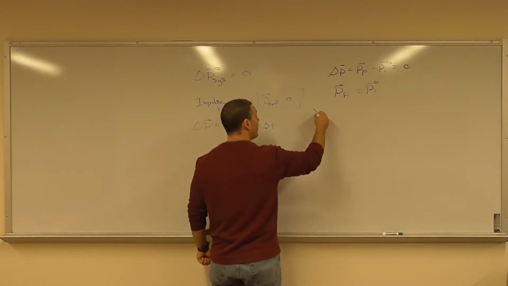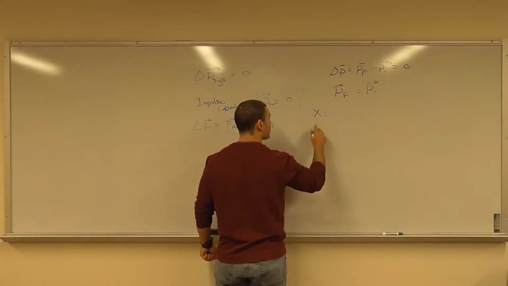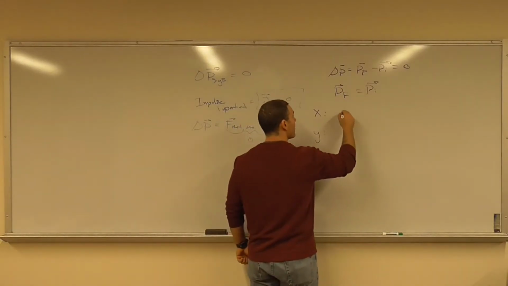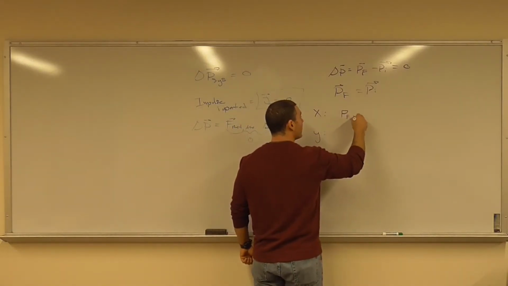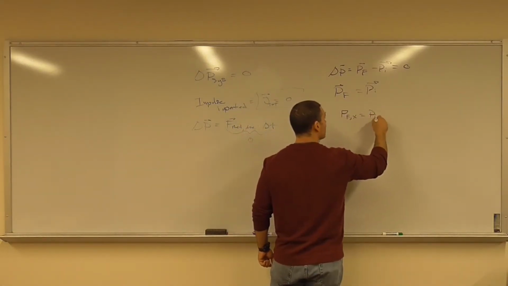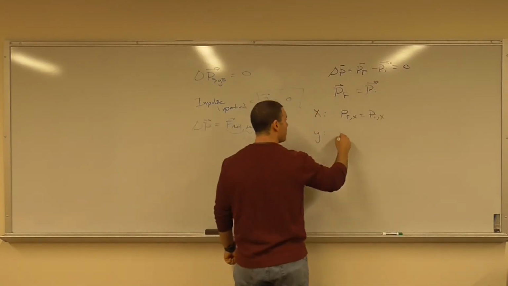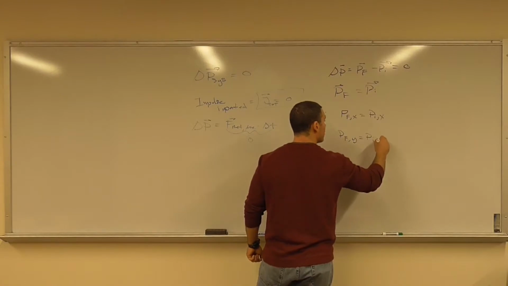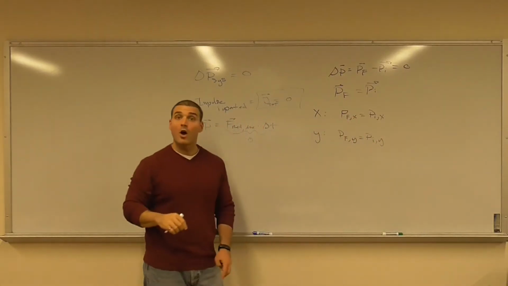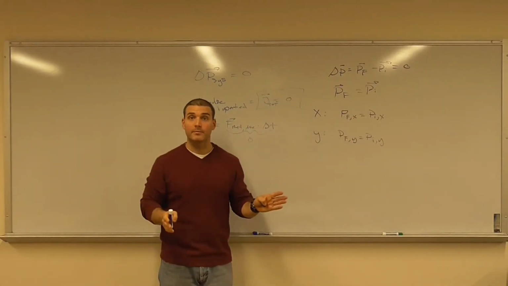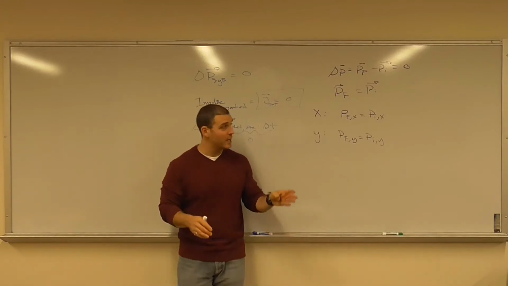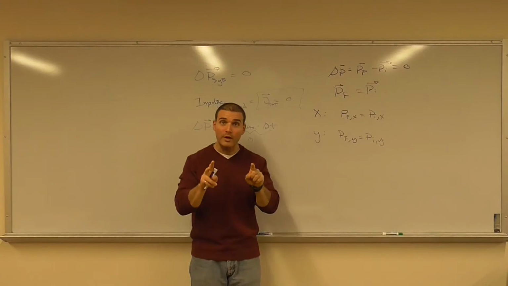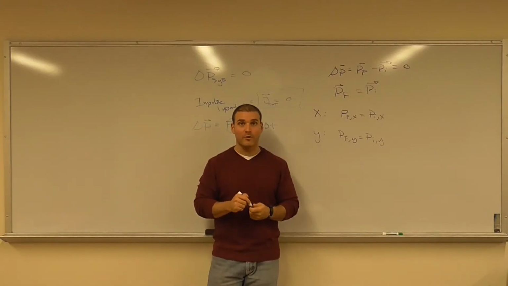But I may want to break this down into x and y components. That is, P final in the x direction has to be equal to P initial in the x direction, and P final in the y direction is P initial in the y direction. Those things are equal separately. So if momentum is conserved, it's conserved in the x and the y directions, which means we really have two equations that help us solve problems.